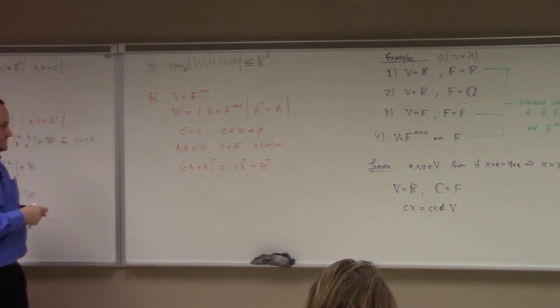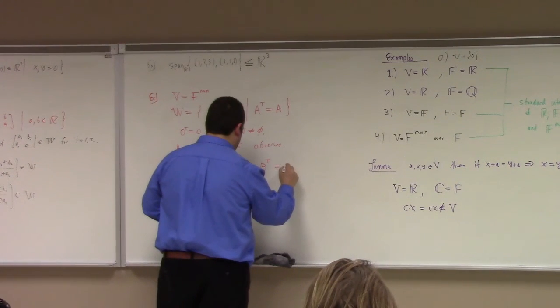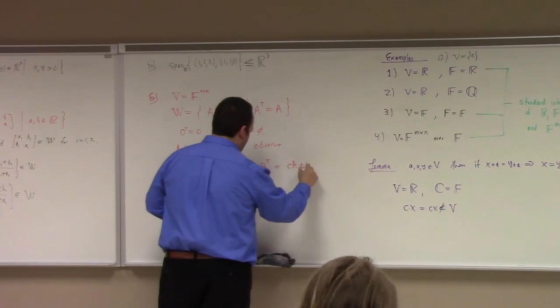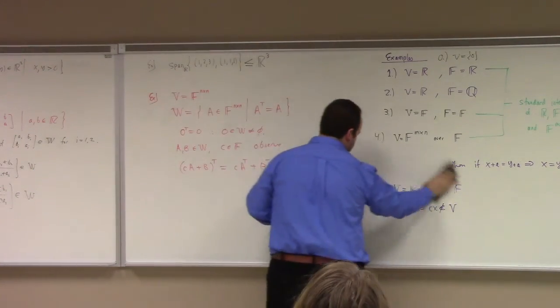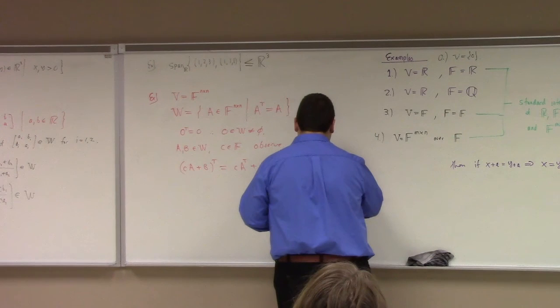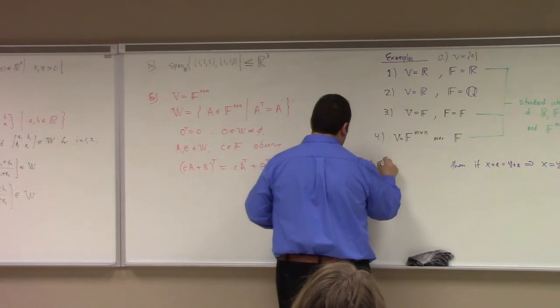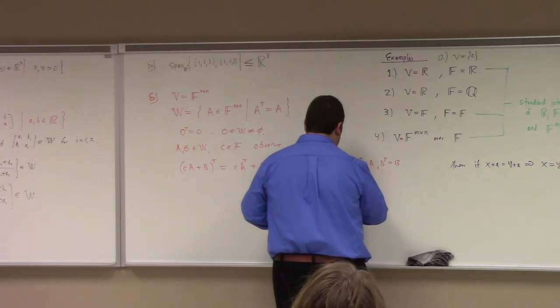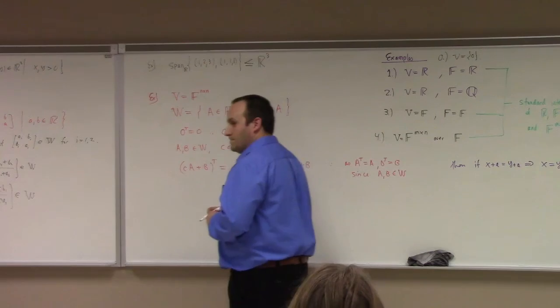But what is that? Why do I know it's CA plus B? Right, because A transpose is equal to A and B transpose is equal to B, since A and B are in W, right? The key point here is that A and B are in W.